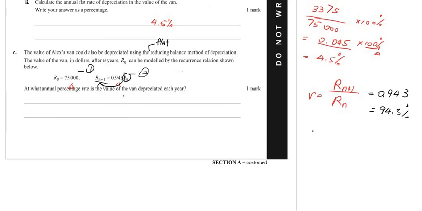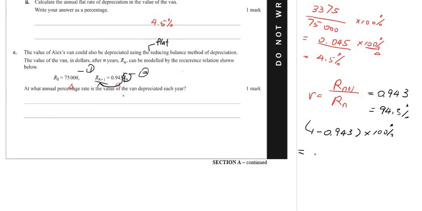The depreciated percentage is by what percent it has been reduced. So we know that it's 0.943 of the original, then the part that has been reduced by will be 1 minus 0.943. And we still want that represented as a percentage, so I'm going to do times 100%.